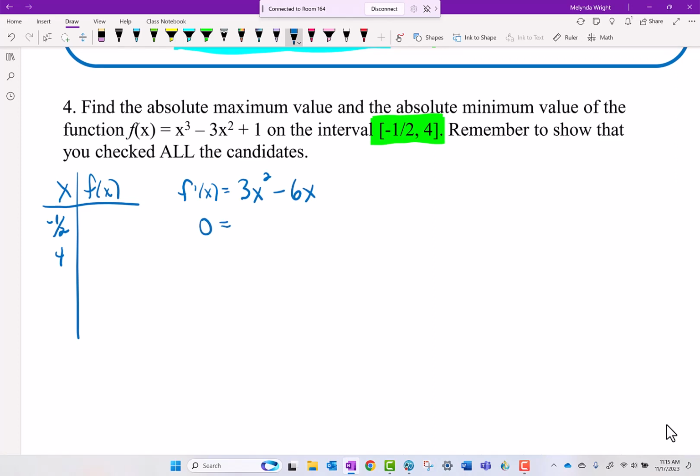I'm going to factor out the GCF, the greatest common factor of 3x, and that leaves me that. So my critical numbers: I set each factor equal to 0. 3x equals 0, x minus 2 equals 0. Solving that, I get x is 0 and x is 2.